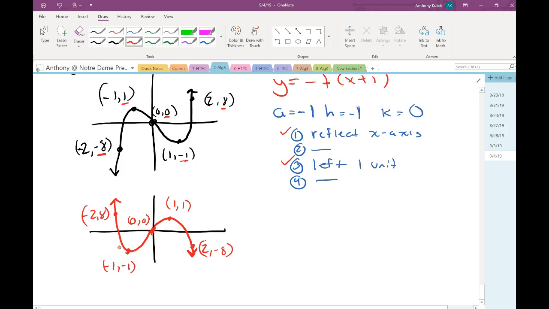Everybody agree with that? So what I did is I applied transformation 1 to get to there. Everybody agree with that? Is there a question?